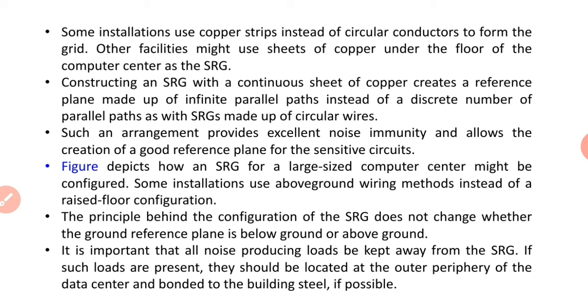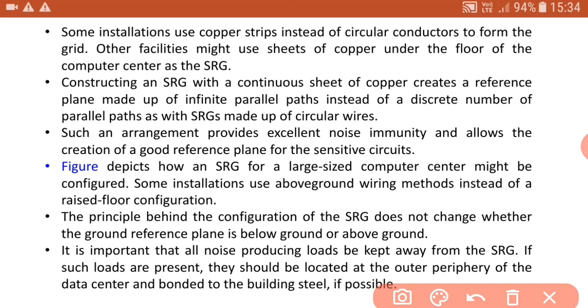Some installations use copper strips instead of circular conductors to form the grid. Other facilities might use sheets of copper under the floor of the computer center as the signal reference ground.